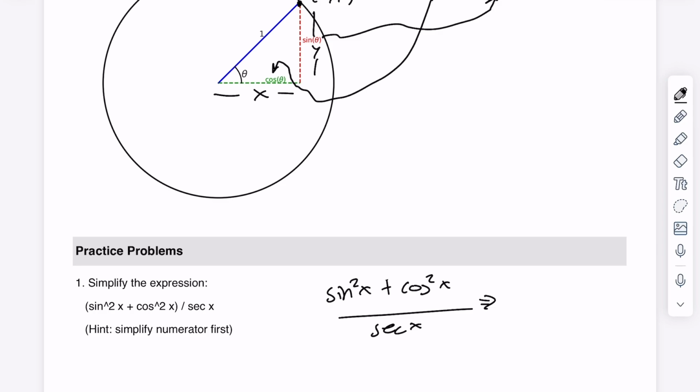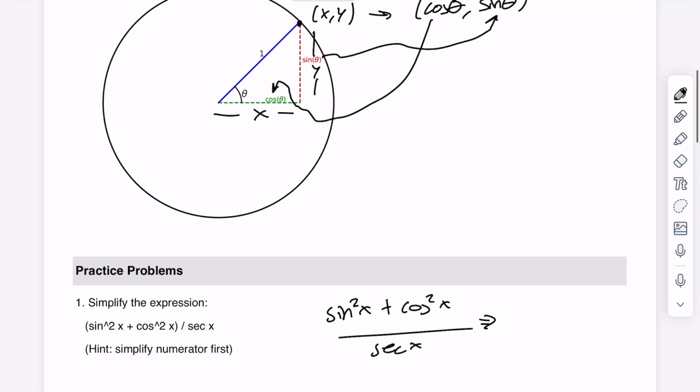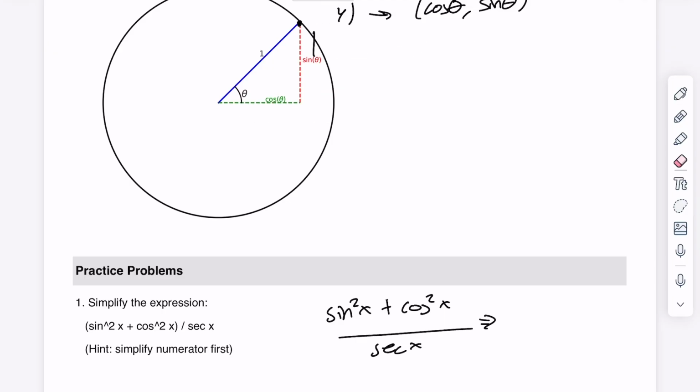And we know that cosine squared plus sine squared is really equal to 1, because if we look at the triangle again up here, and we use Pythagorean's theorem, right? Pythagorean's theorem is that if this is a and b, and if this is c, a squared plus b squared equals c squared.